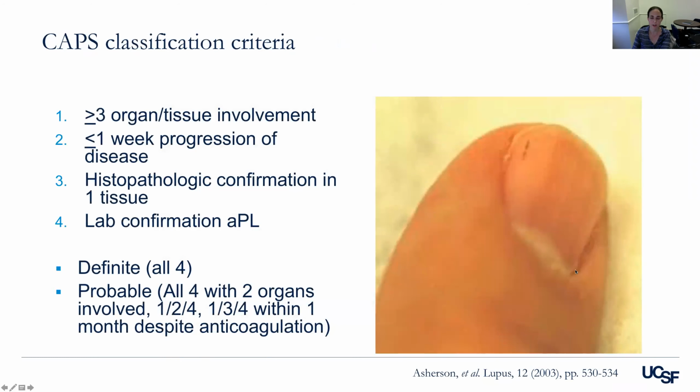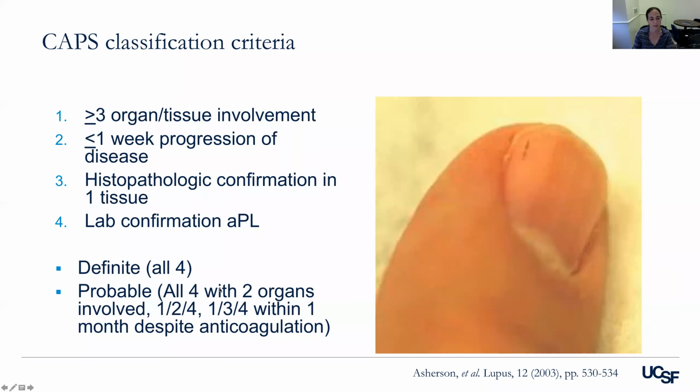So the classification criteria, and again, these are classification criteria, not diagnostic criteria, state that patients have at least 3 organs or tissues involved with less than or equal to 1 week of progression of disease, ideally with histopathologic confirmation of microvascular thrombosis in at least one tissue, and then lab confirmation of antiphospholipid antibodies, usually in high titers.